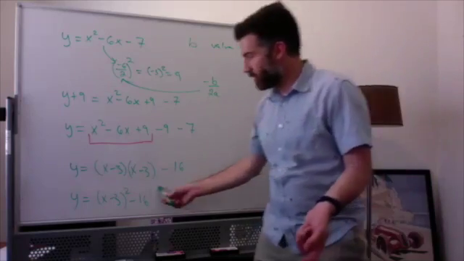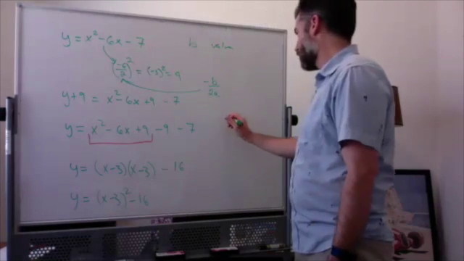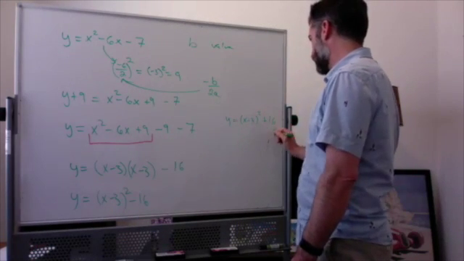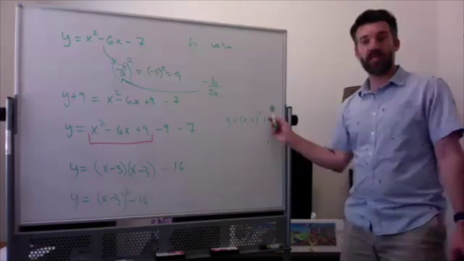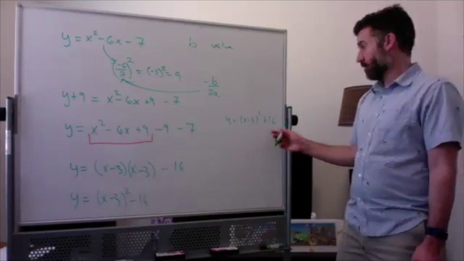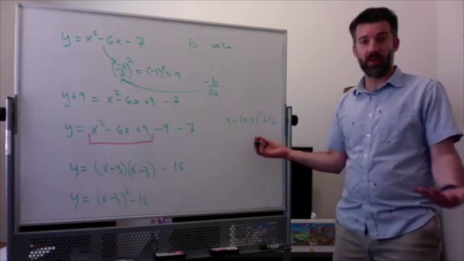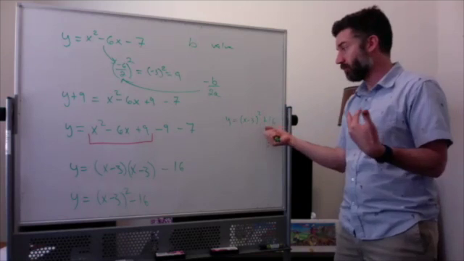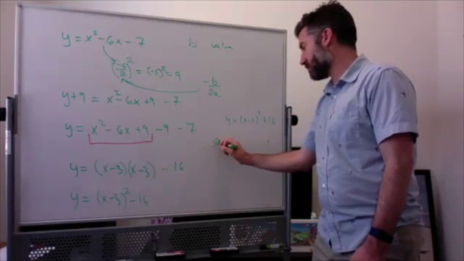But if we look at this expression here, y equal to x minus 3 squared minus 16, x minus 3 squared is always going to be greater than or equal to 0, which means this is going to be opening upwards, right? This can't be any smaller than what we get if this was 0.